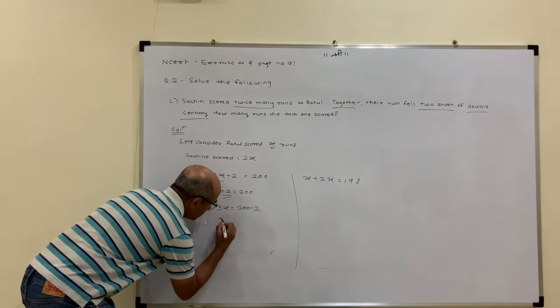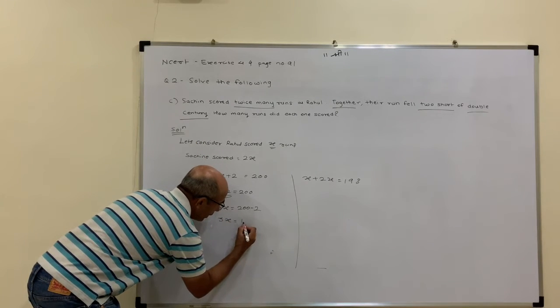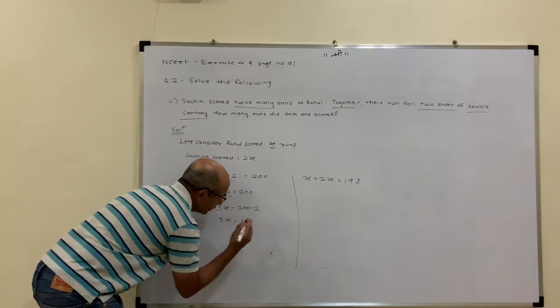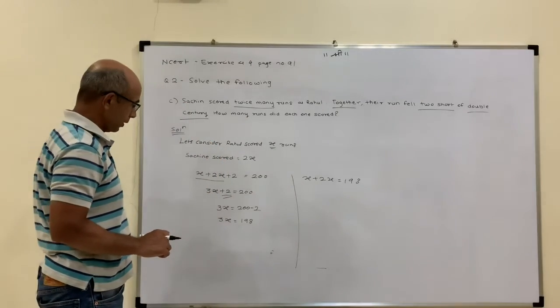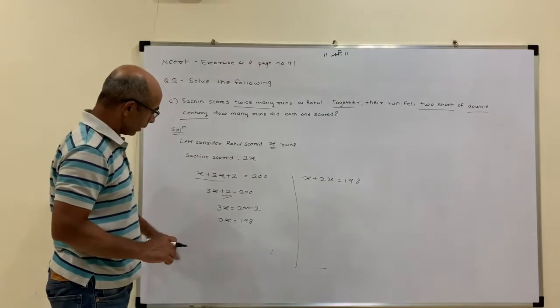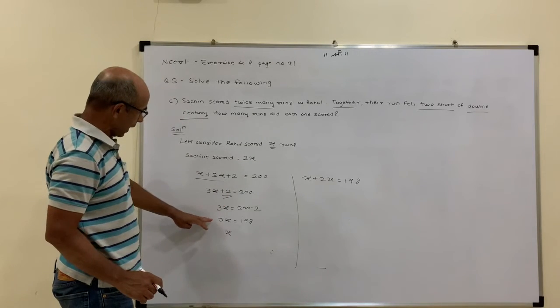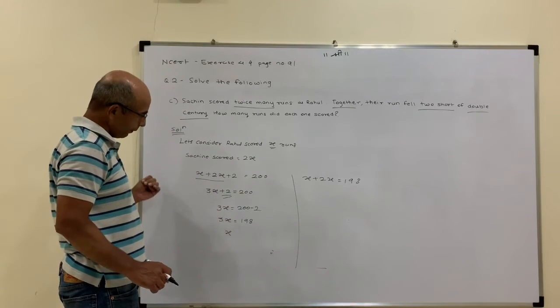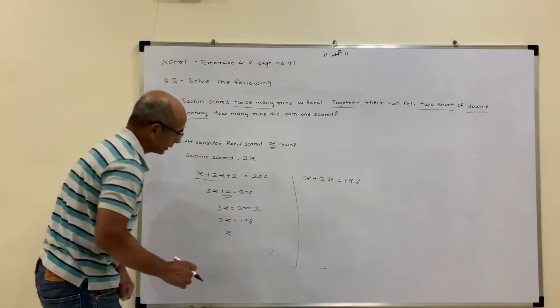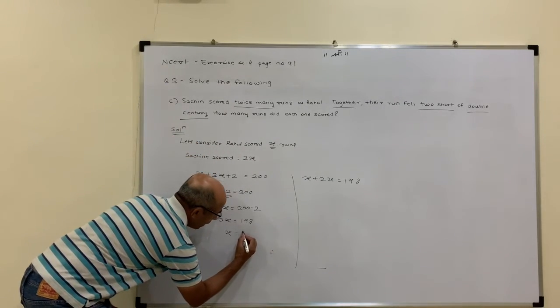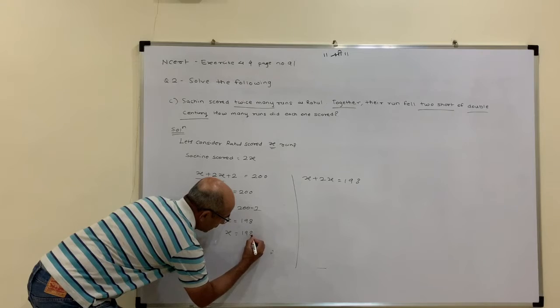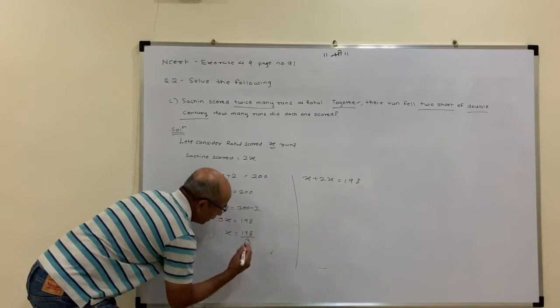So 3x equals to 198. So now x, I'll be transposing this 3 from left hand side to right hand side. That is equal to 198 divided by 3.